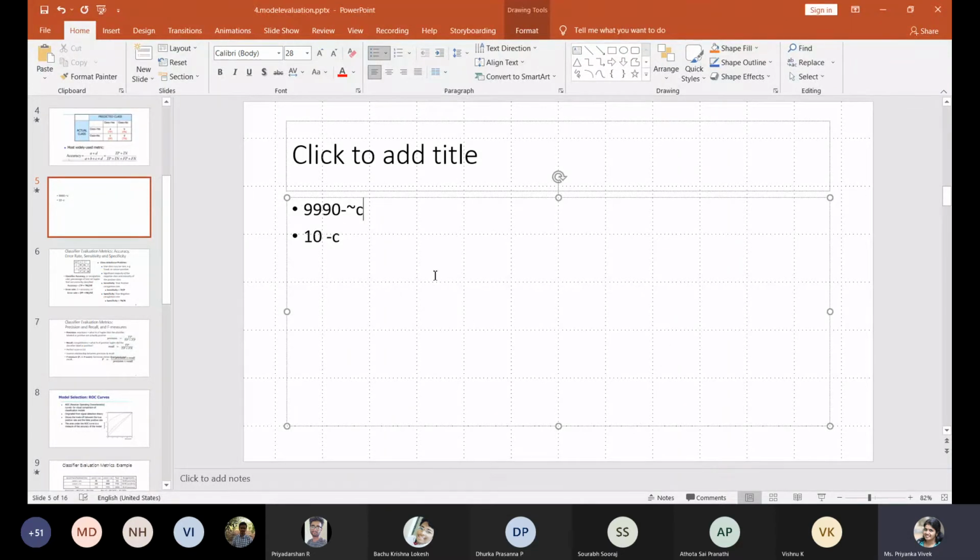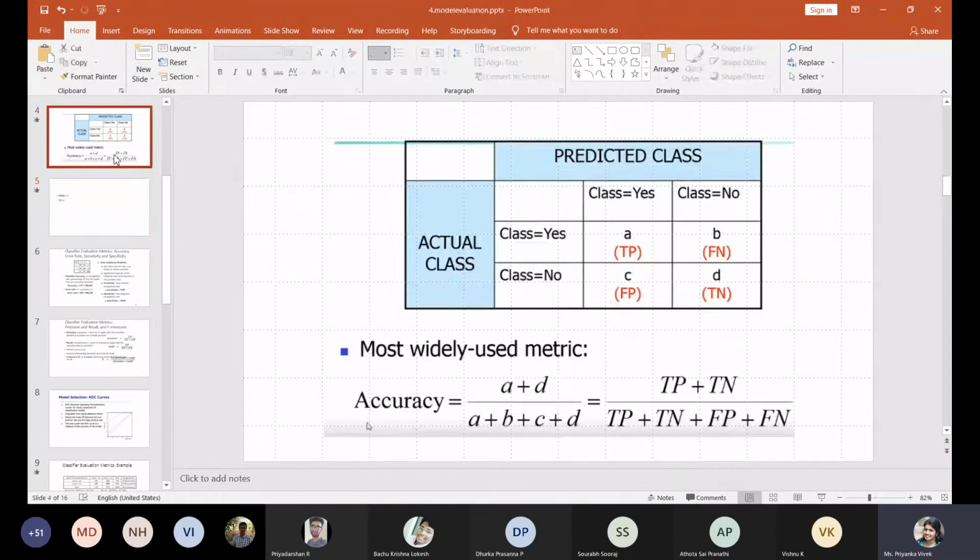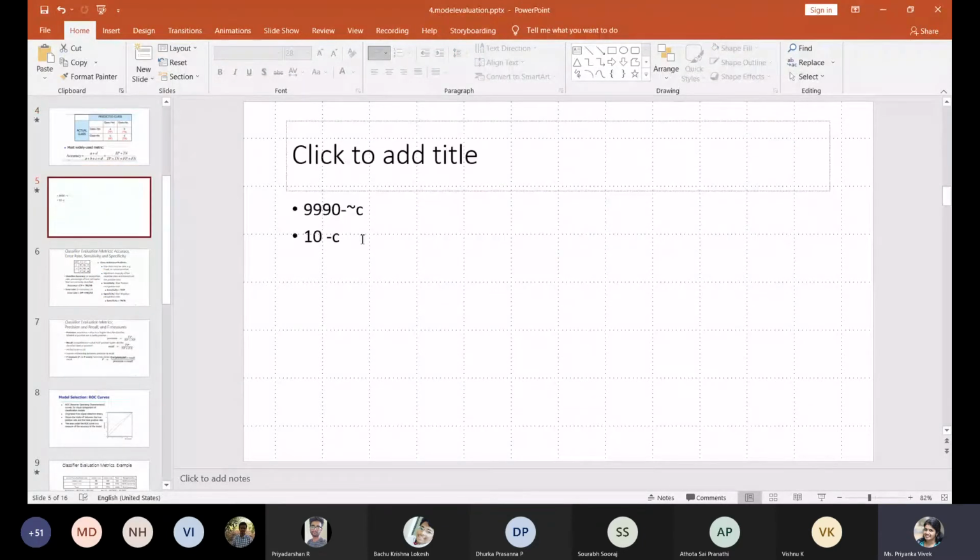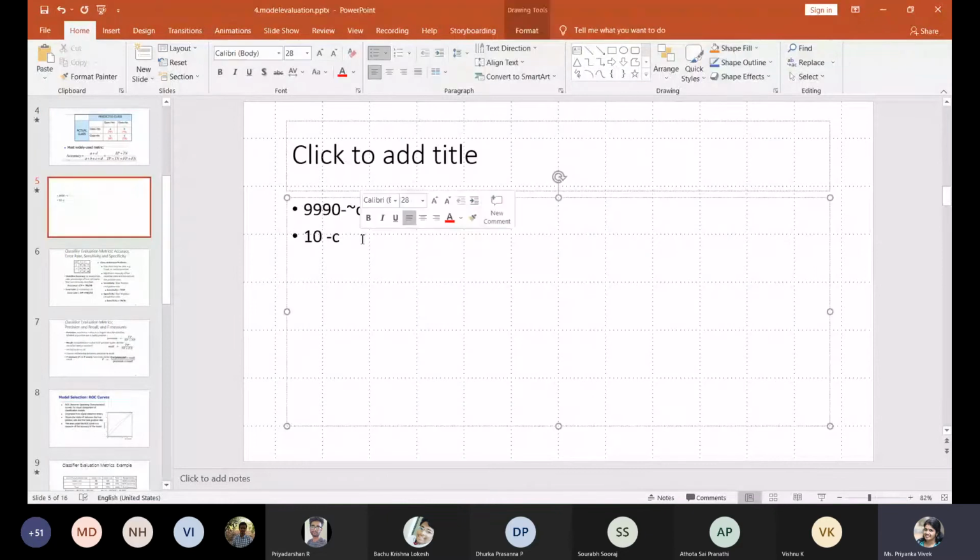So what happens here is, now if you see true positive, true negative, your model might have predicted this wrong. Assume these 10 are also predicted by your model as no cancer.